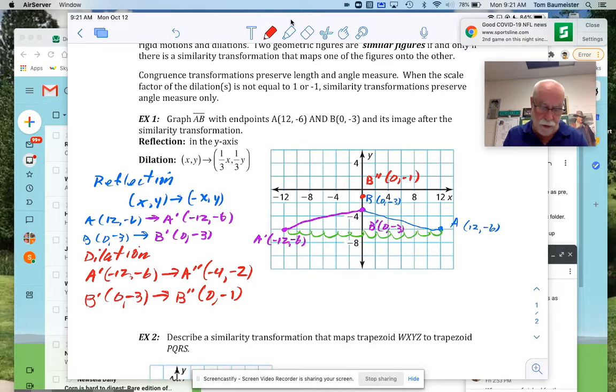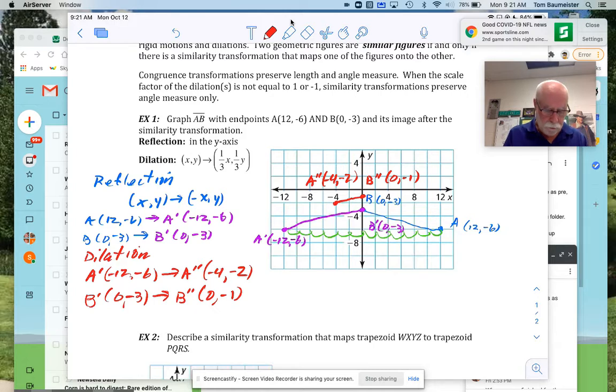Our A double prime we said was at (-4, -2). And then we are going to draw. And that is our dilation, the last one. And again, we should know that because of how they're labeled.